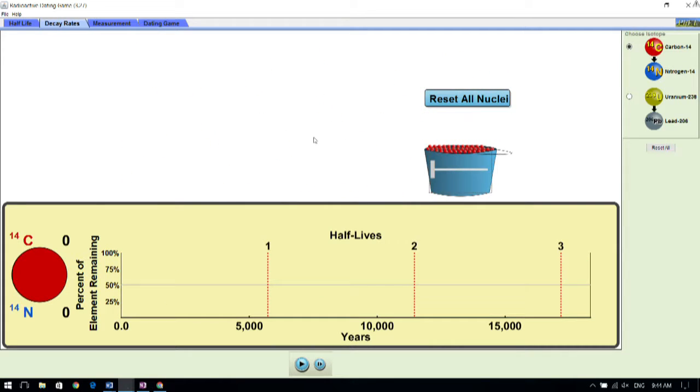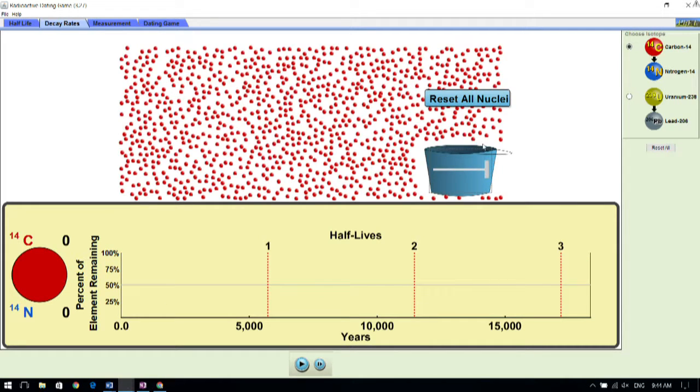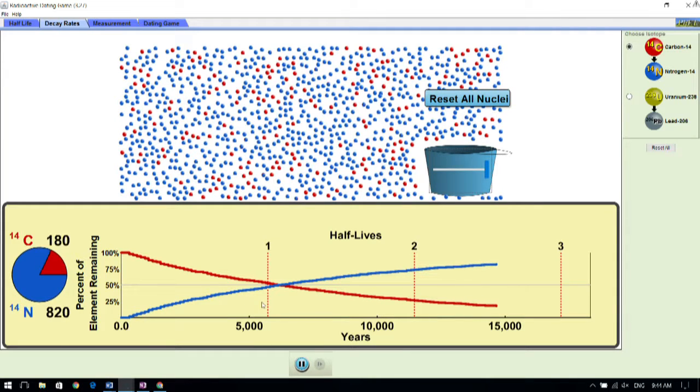You just use the slider here to control how much you start with. There you go. So you can see as time goes, you still have a few atoms left. These red guys, there's few and far between, and eventually the sample will just be so small you can't find them anymore. So that is the decay rates one, where you're going to be asked to draw these little graphs, these decay curves.